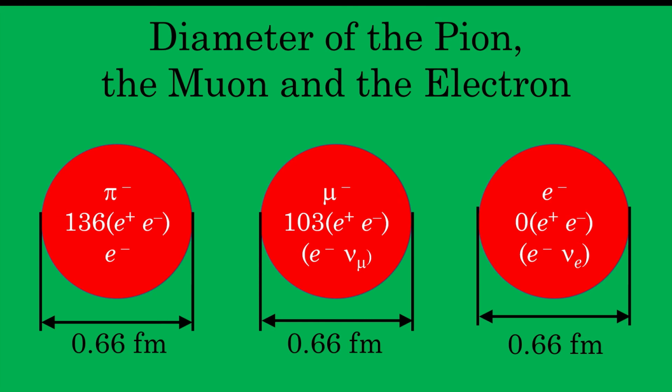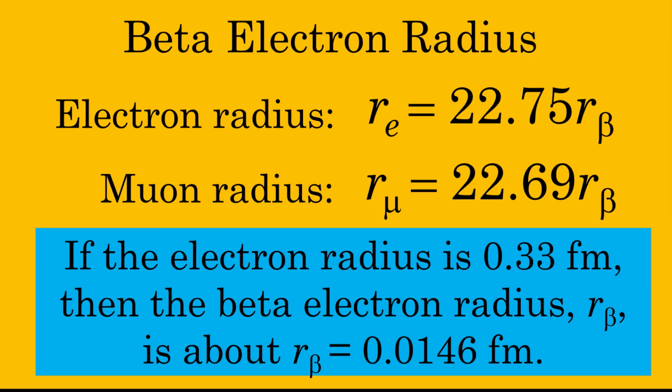This would make the radius of the muon and the electron also be about 0.33 times 10 to the minus 15 meters. Since this radius is about 22.5 times the beta electron radius, it makes the beta electron radius about 1.46 times 10 to the minus 17 meters.